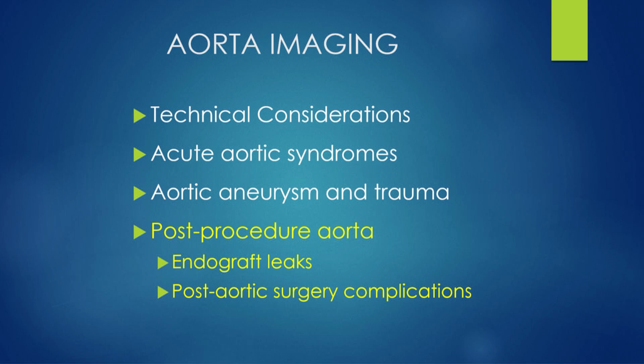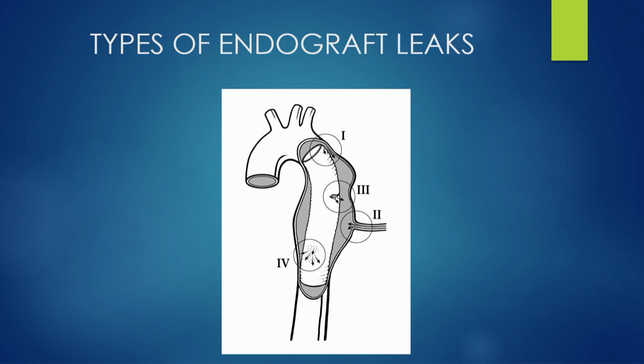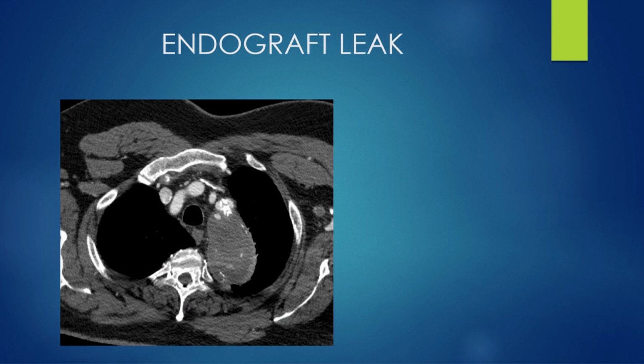All right, and then just to mention other aortic things, post-procedural aorta, endograft leaks and so forth, surgery, just going to talk about types of endograft leaks. In the thorax, we often don't necessarily grade them the way they're done in the abdomen. We just say there's a leak because we do a lot of these, but you can see them.